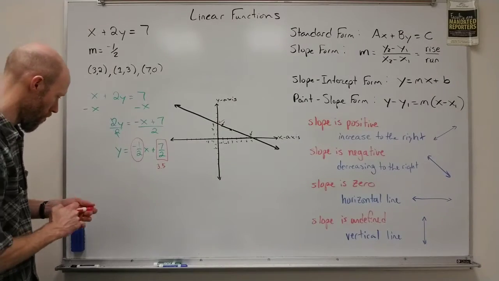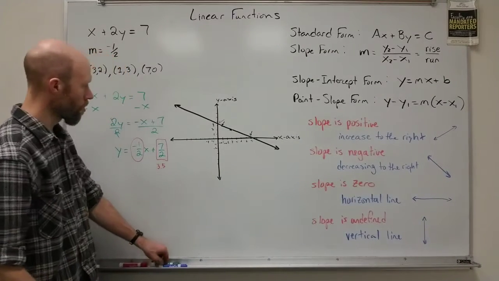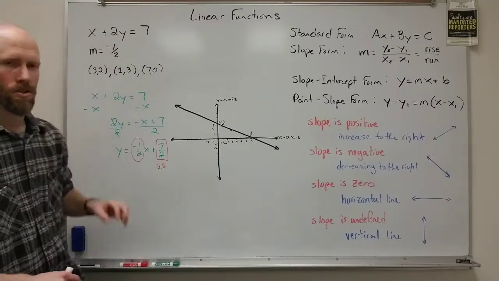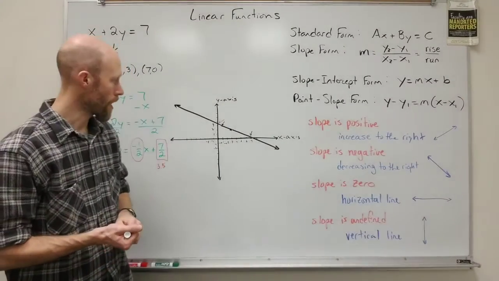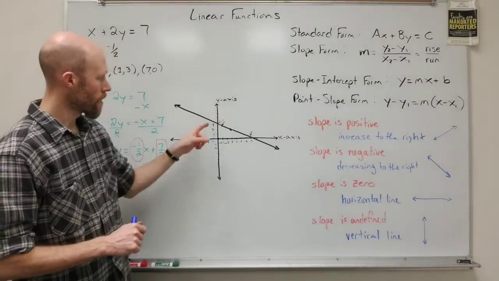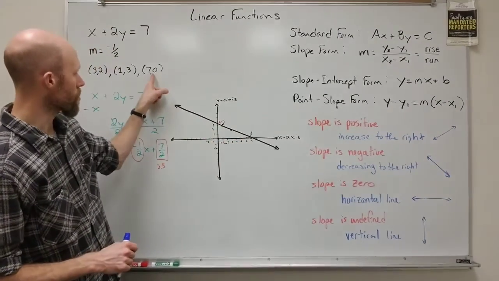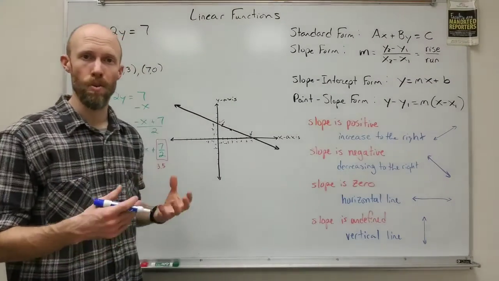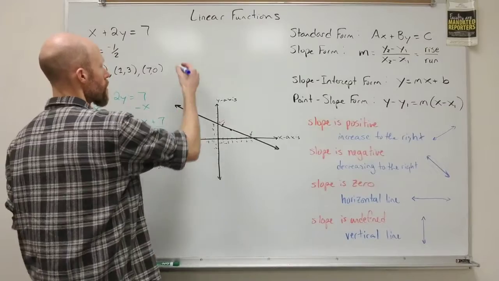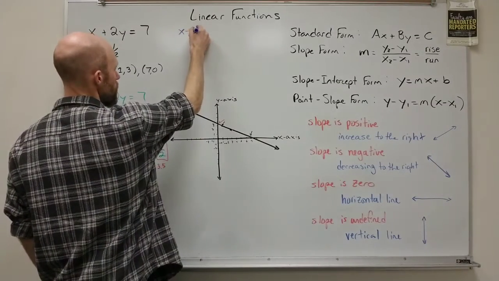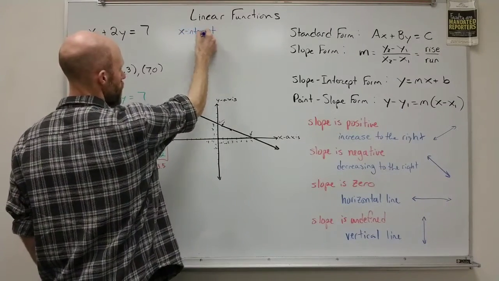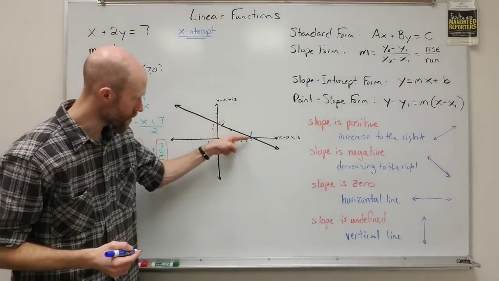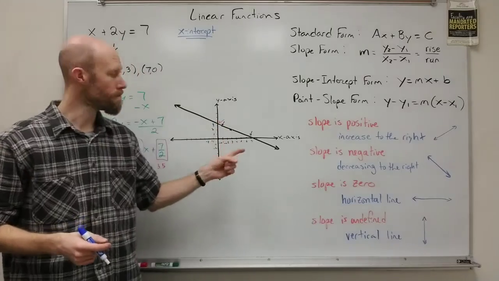If I were to look for or identify the x and y intercepts on this graph, there's a particular way to do that. Here I already have the x-intercept. I've solved for that. I didn't really specify this in the previous video when I came up with that point, but to find an x-intercept, remember by definition an x-intercept is where the graph crosses the x-axis, and then we'll talk about the y in a minute.